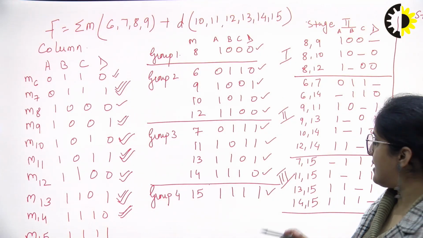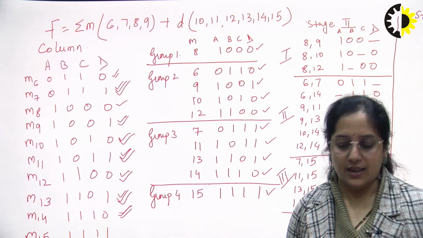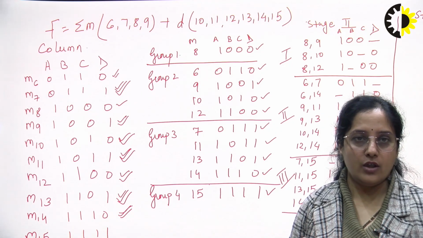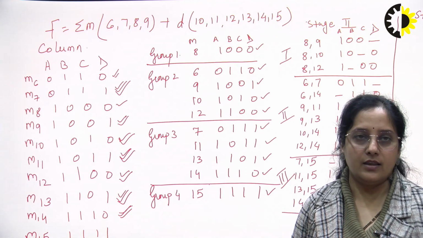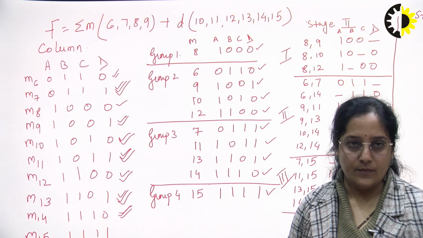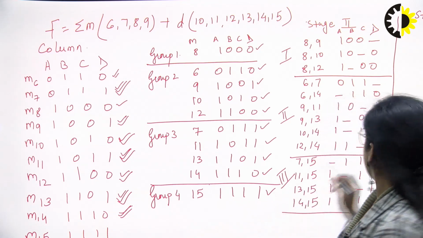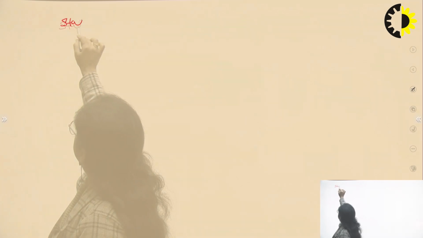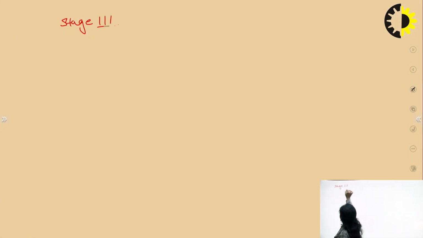Now, when we are going for stage 3, we have to again check whether the minterms are greater or smaller. In stage 3, we have to make a pair between the first group and the second group, where we have 8 and 9 and the rest are 6, 7.